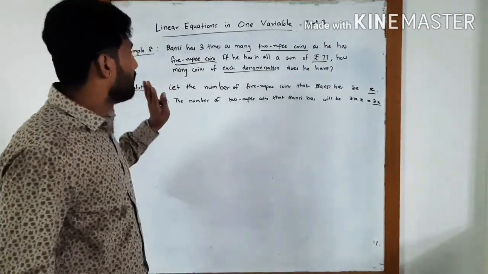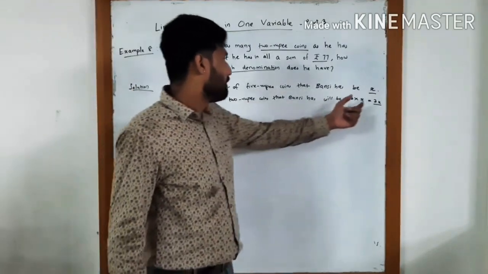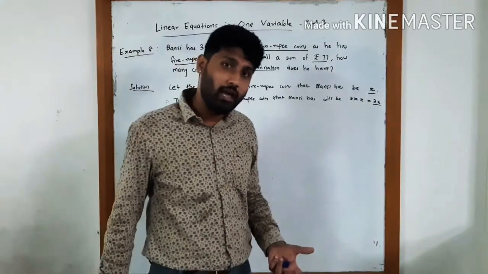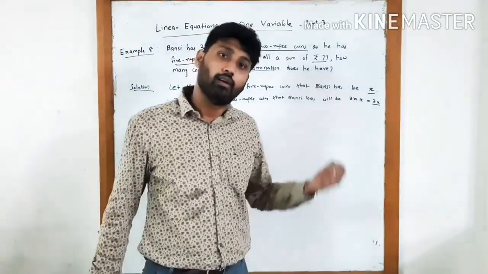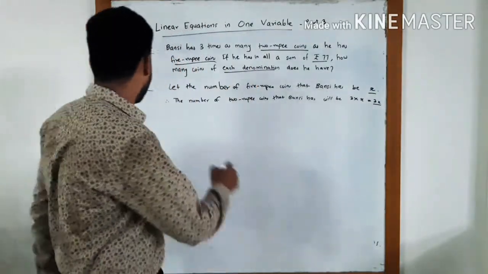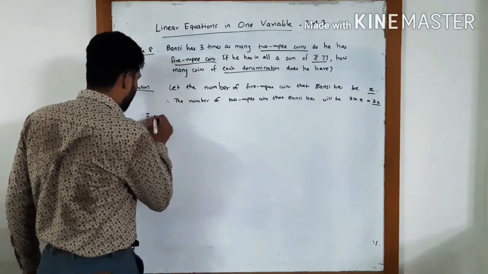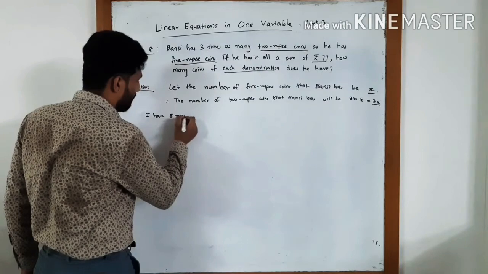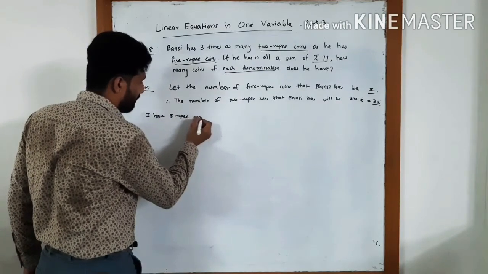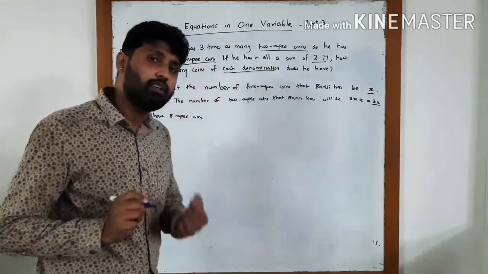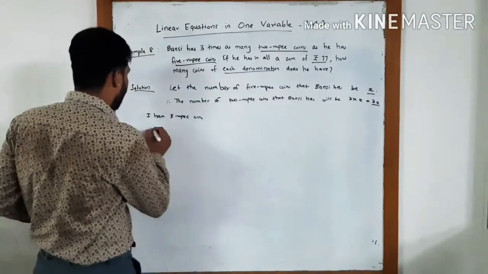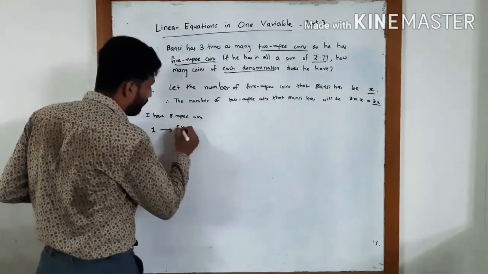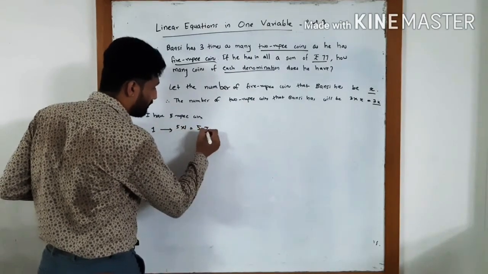Now when you have x number of 5 rupee coins, the amount of money you will have is 5 into x. Let us see this with an example. Suppose I have just one 5 rupee coin. If I have one 5 rupee coin, I will have how many rupees? 5 into 1, which is 5 rupees.